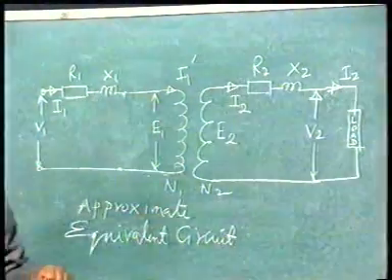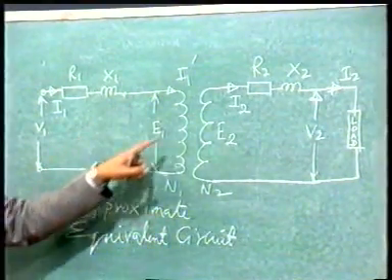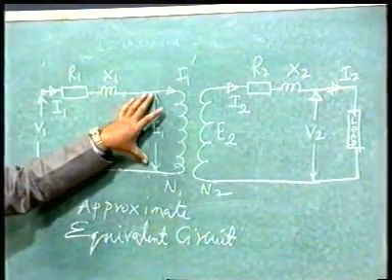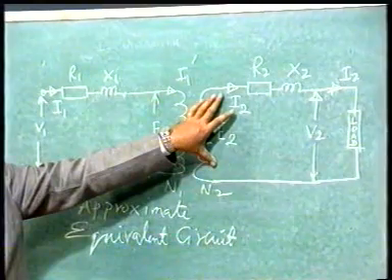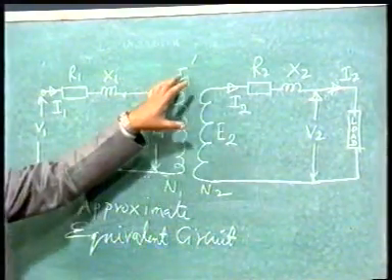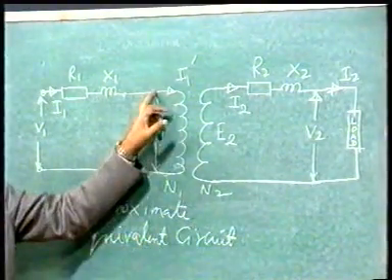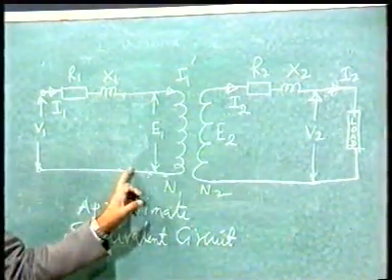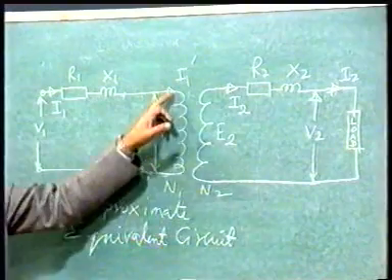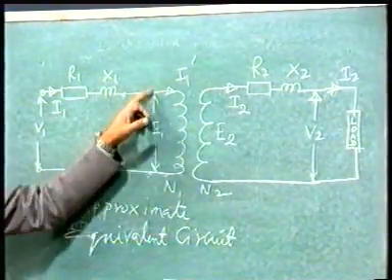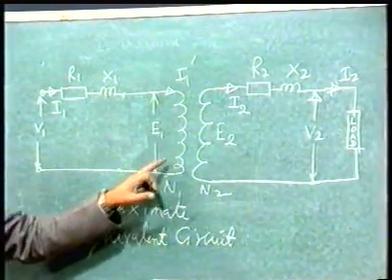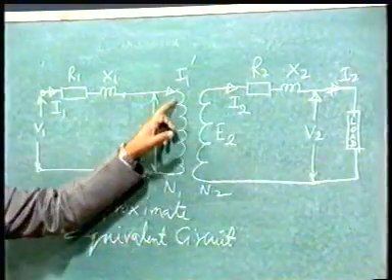This is possible provided these two voltage levels are the same. Suppose this is also 400 volt, this is also 400 volt, and if the polarities are the same, we can straight away connect these two terminals. Because these two windings only represent a voltage. This winding has no meaning now.